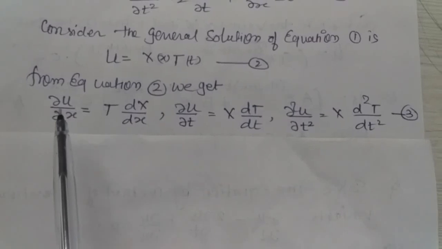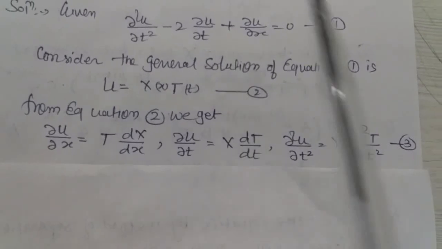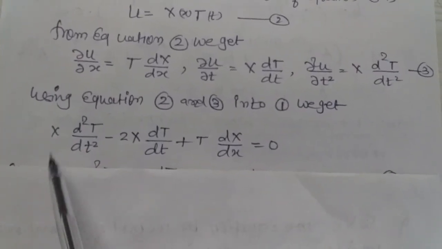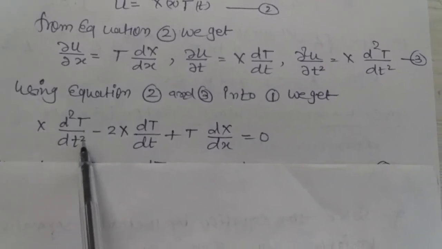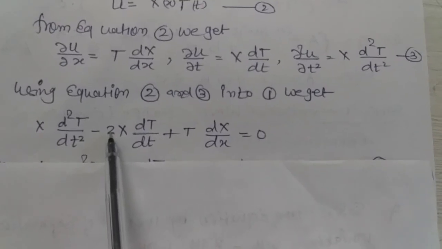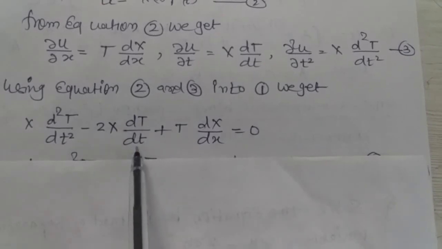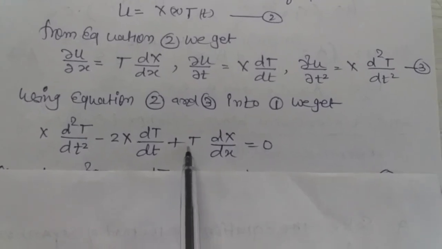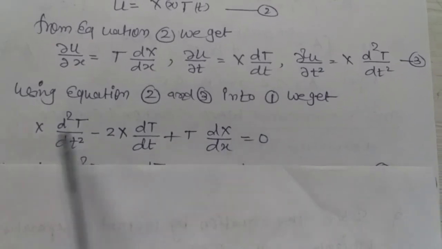Now putting the values of all partial derivatives from equation third into first, we get the value of ∂²u/∂t² is capital X d²T/dt² minus 2 times the value of ∂u/∂t is capital X into dT/dt plus the value of ∂u/∂x is capital T dX/dx equal to 0.